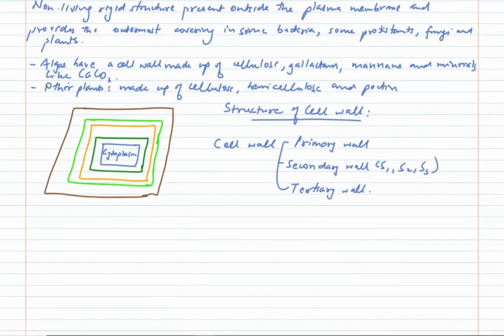The primary wall is seen on the outside. The tertiary wall is seen on the very inside, and the intervening layers are the secondary walls. Now secondary may be S1, S2, S3.